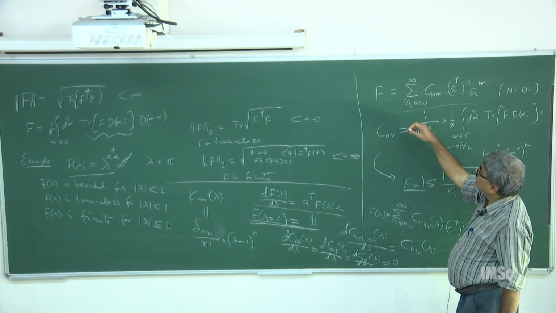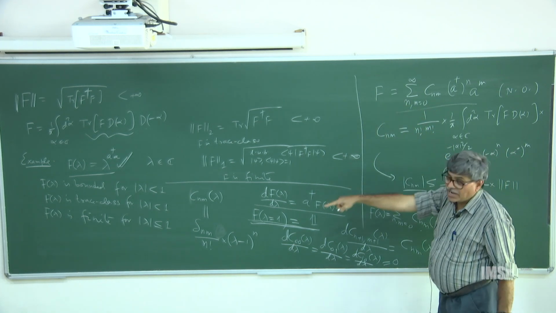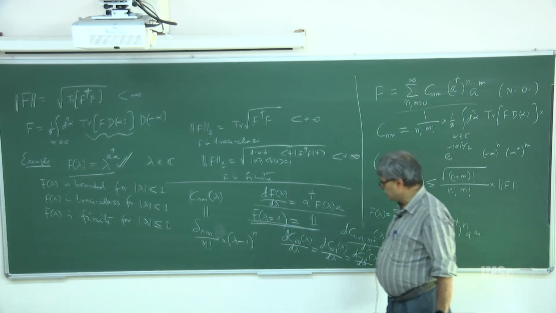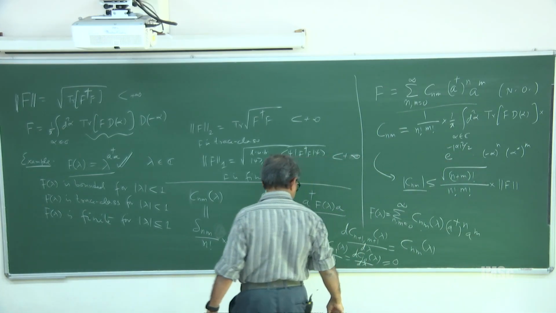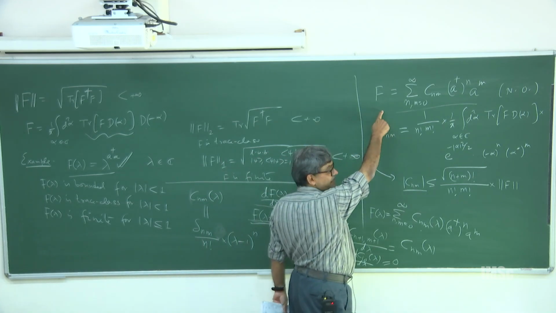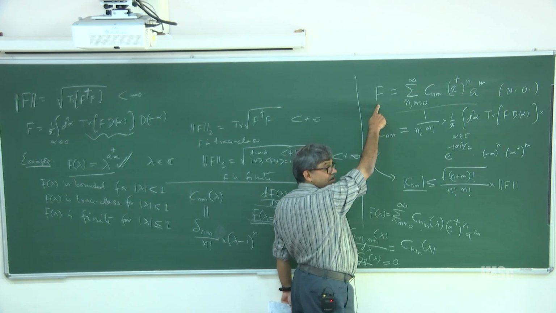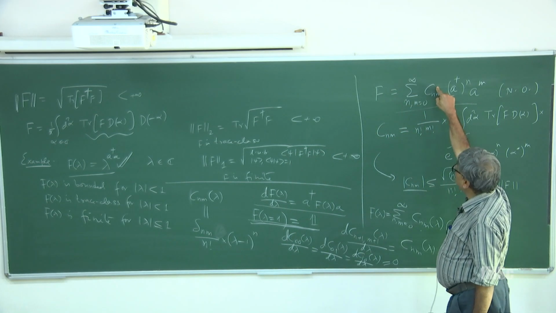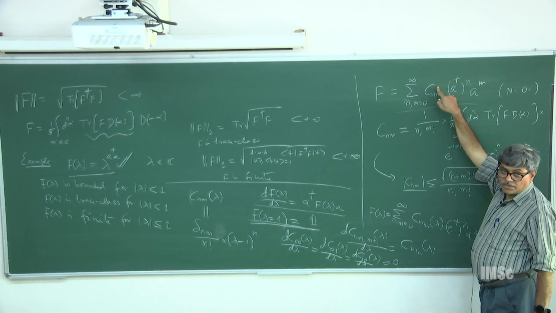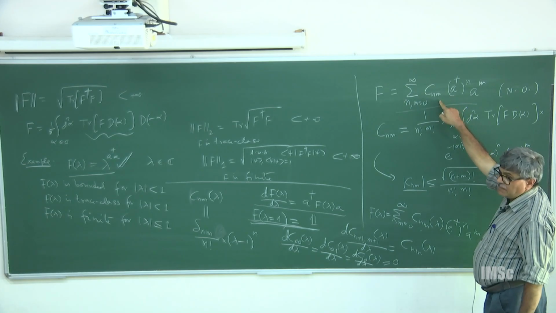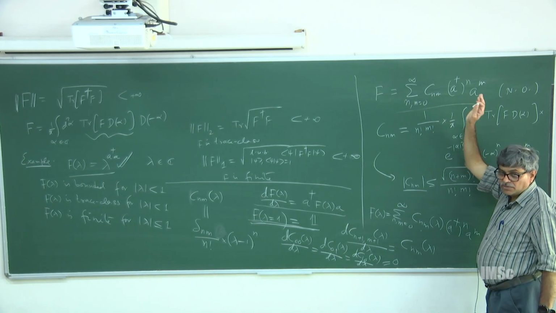No, this is for λ equal to 1. We will come to this later. First, if I look at these and take λ equal to 1, then you see that C_00(1) is 1, right? And what about the other coefficients? The rest of them are all 0.